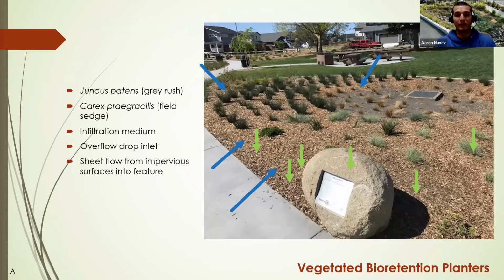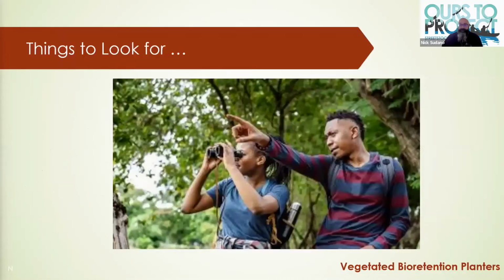Mulch is a great tool to decrease your maintenance activities in terms of dealing with invasive species, but the correct mulch is just as important. Interlocking mulch is ground up a little bit larger and is able to interlock and not float nearly as much. So, just some things to look for in these types of features.